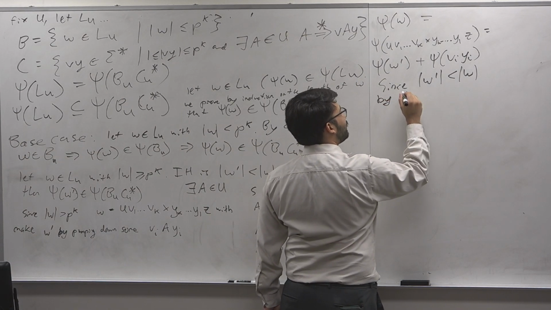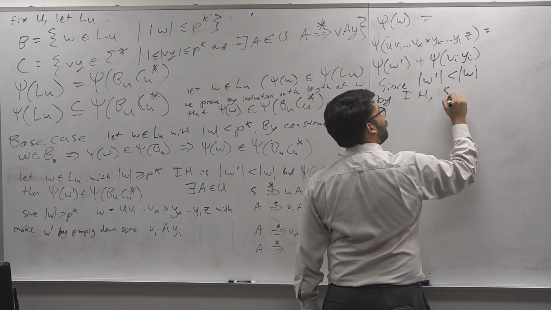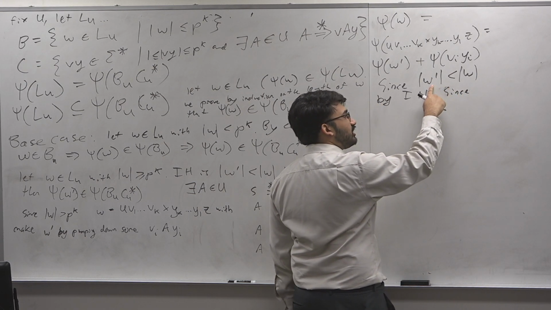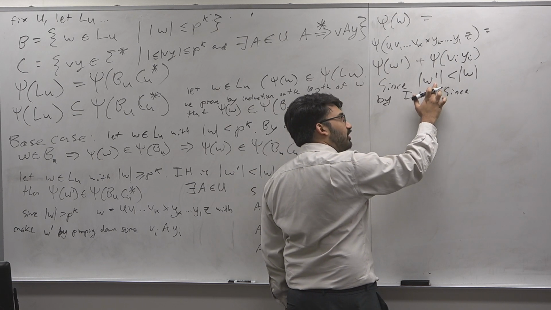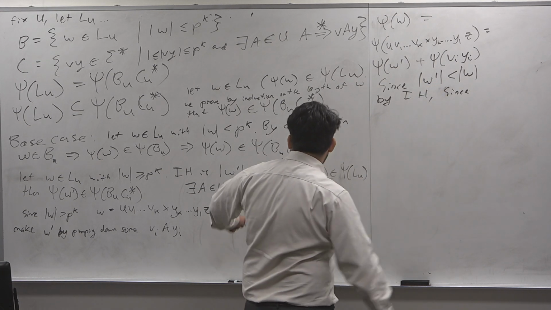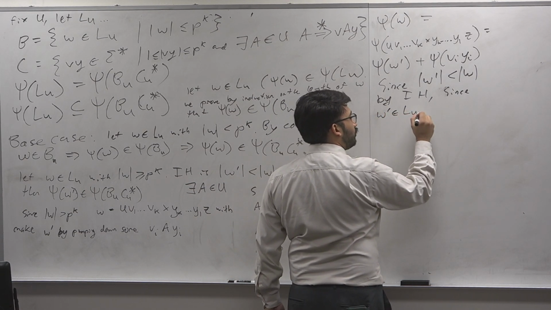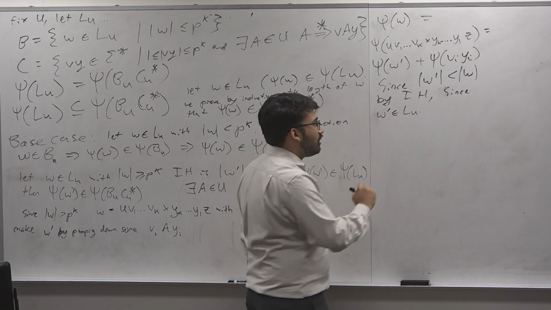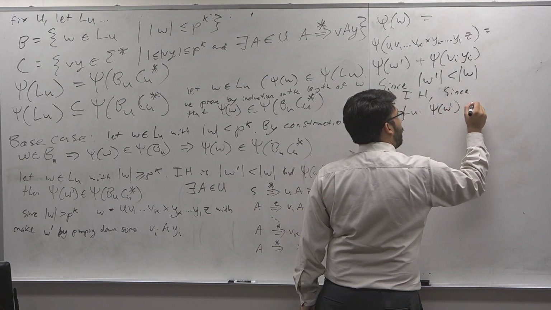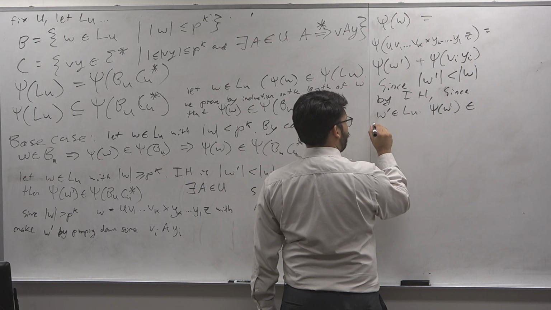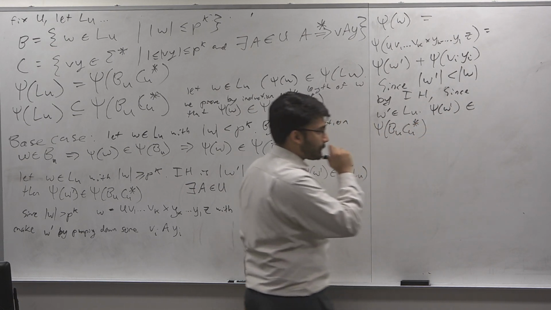By the induction hypothesis, since a sequence of productions exists for W prime, which is based upon the sequence of productions for W, we know that W prime must also be in LU. It also uses the same non-terminals. So we know that the frequency of W prime must be an element then of the frequency of BU CU star. Right?